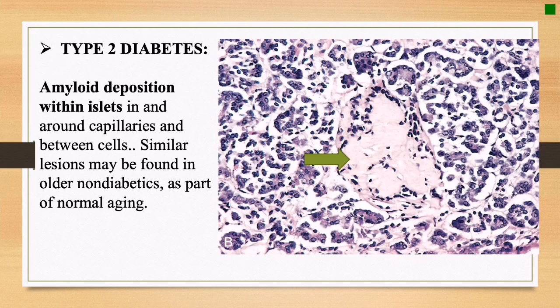Similar lesions may also be found in older non-diabetics as a part of the normal aging process. This figure shows the histologic appearance of the amyloidosis of the pancreatic islets in a patient known for type 2 diabetes. Amyloidosis typically is observed late in the natural history of this form of diabetes.